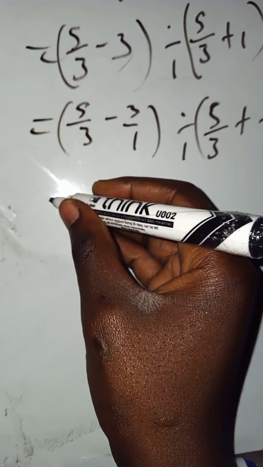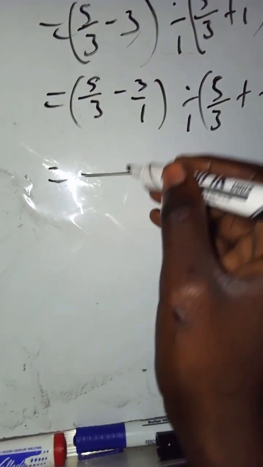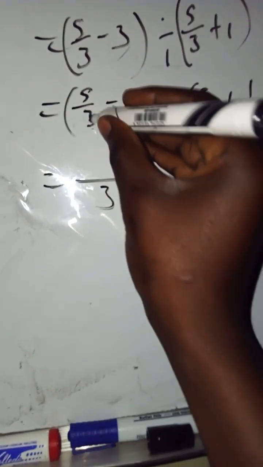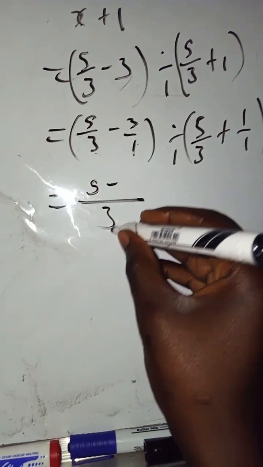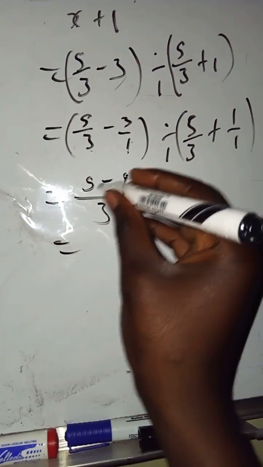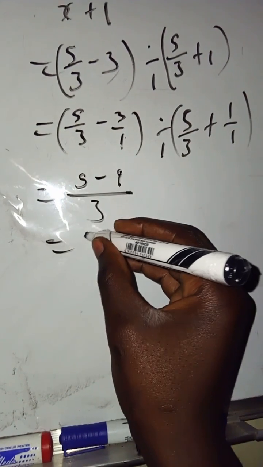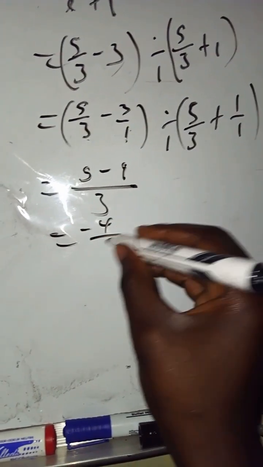Okay, so this will equal what? Common multiple there is 3. 3 into 3 is 1, 1 times 5 is 5, minus 1 into 3, which is 3 times 3, 9. That gives us 5 minus 9, that's negative 4 over 3.